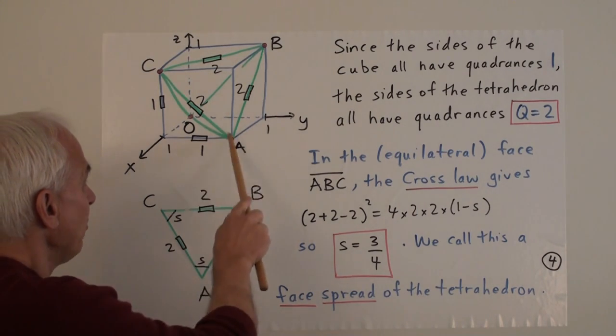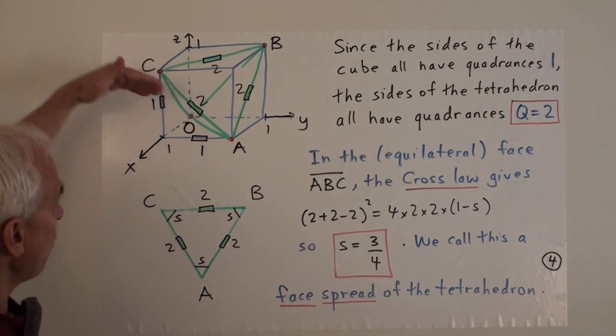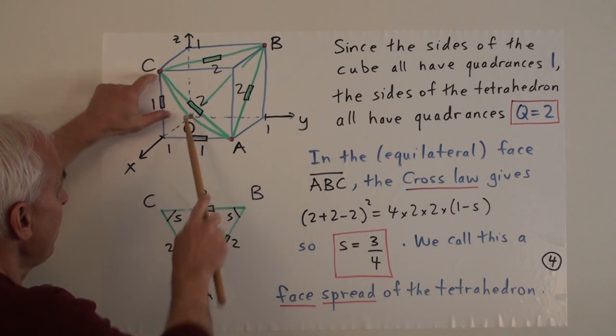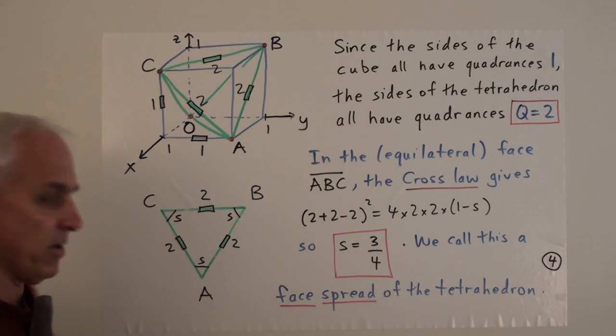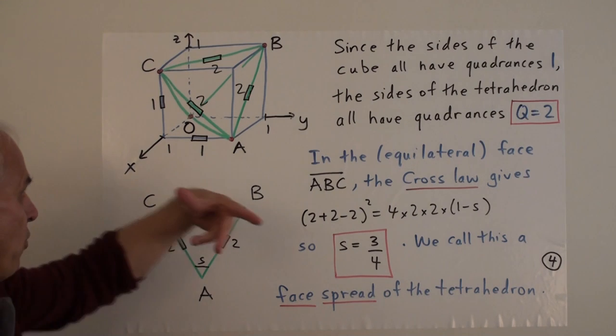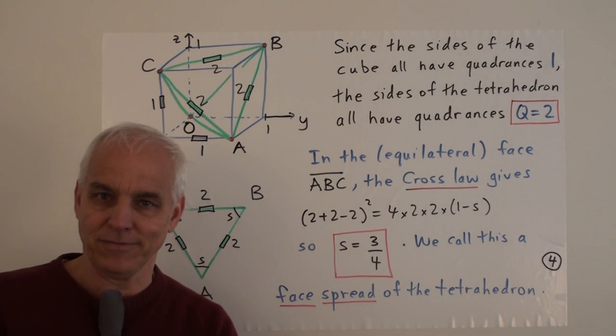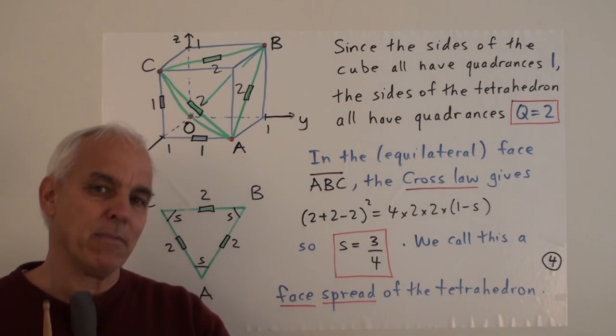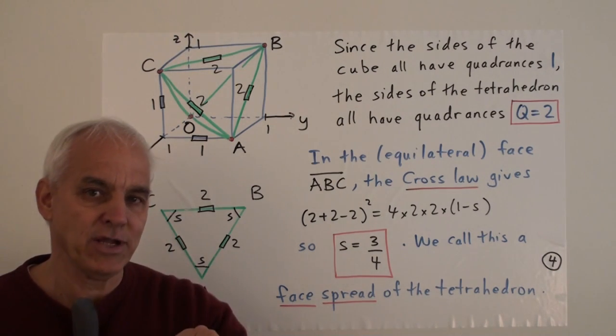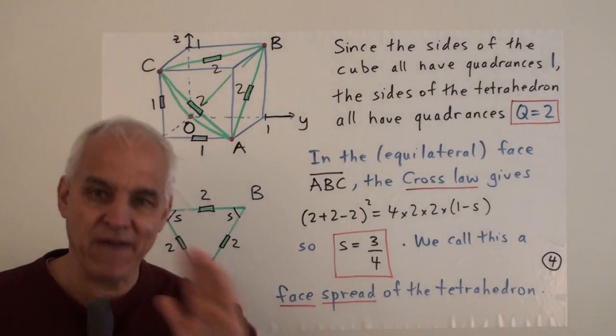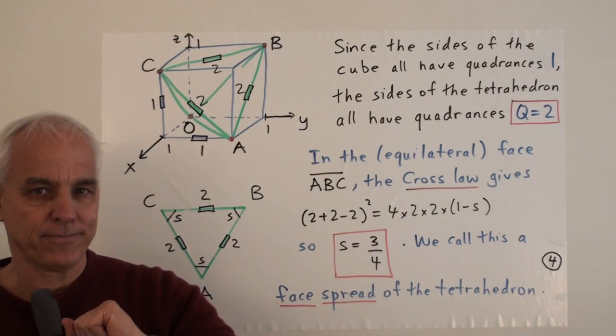So that's one face, there will be 3 such spreads, and each one of the faces, say this one here, will also have 3 spreads of 3/4. So there's lots of 3/4 around the 4 faces of this tetrahedron. So there we've applied some planar trigonometry to understand the geometry of the face of the tetrahedron.